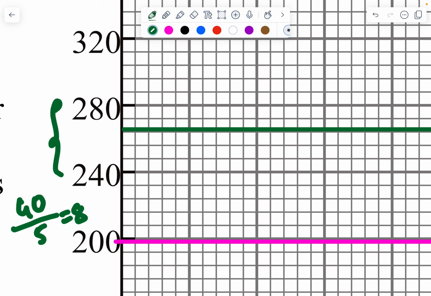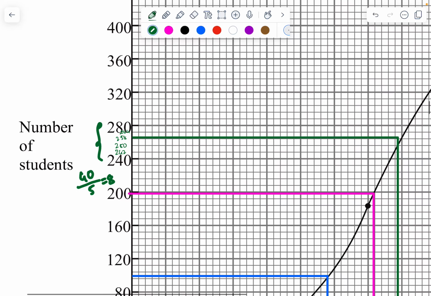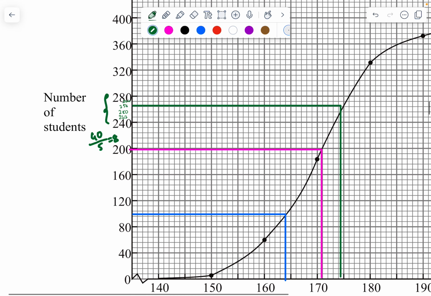So each part is 8. So when each part is 8, this is 242, 250, 258, and 264.